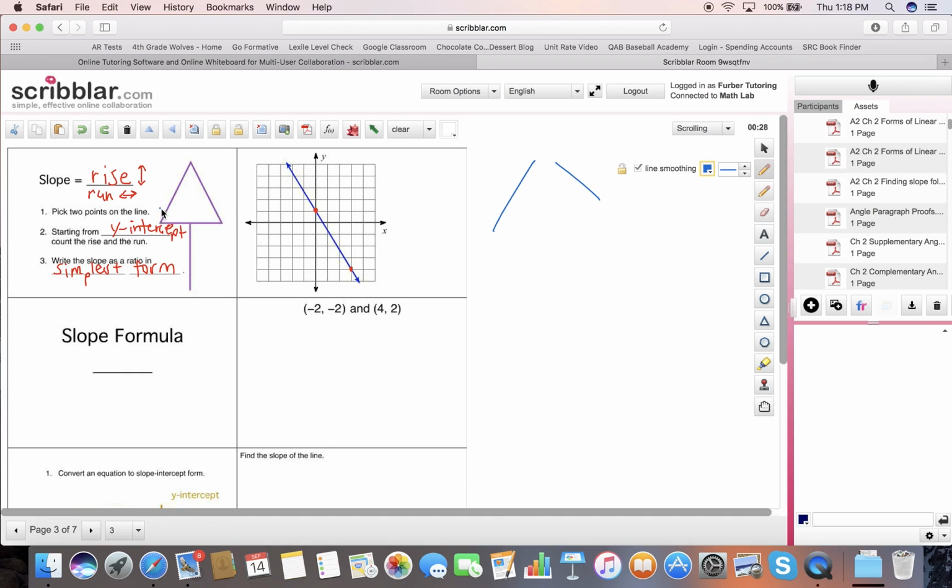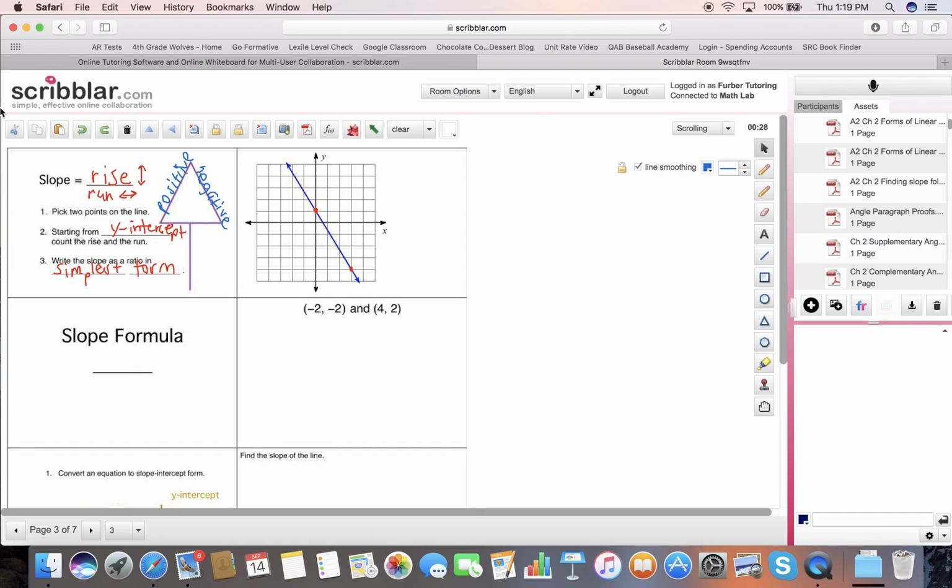If it slopes up, we call that a positive slope. Think about it as traveling up a mountain. That's a positive distance. If the line slants down, we call that a negative slope. So you can write negative down the side. So if I'm falling down the mountain, that is a negative slope.